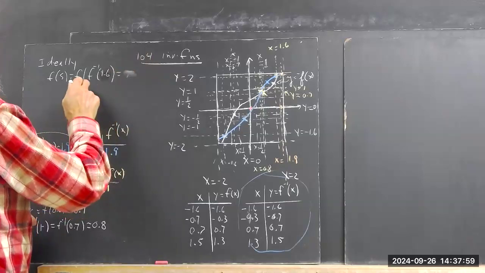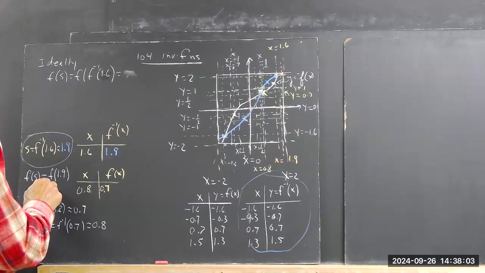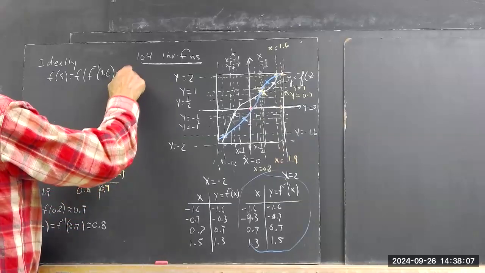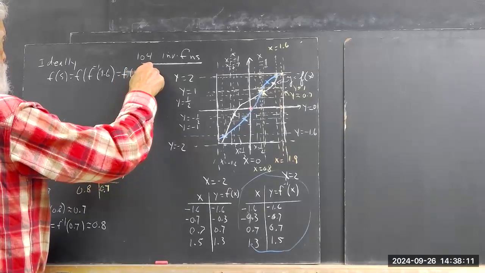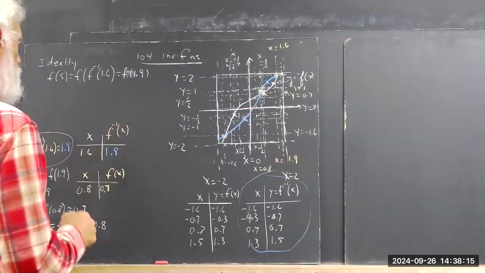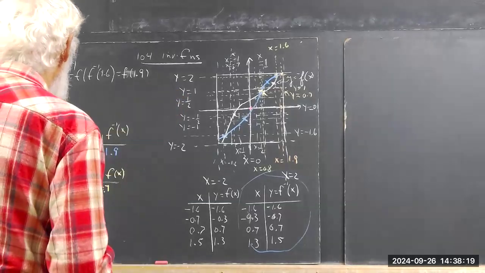It's supposed to equal x. f inverse of 1.6 is 1.9. And f of 1.9, we estimated to be about 1.9.